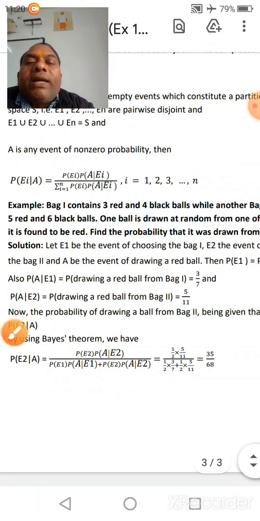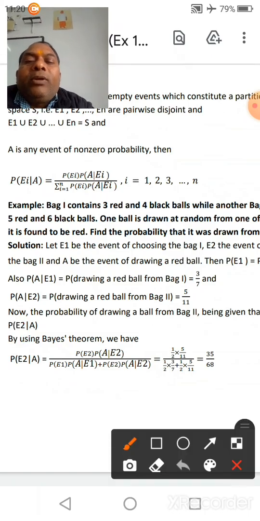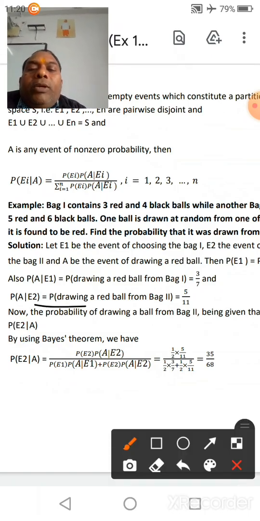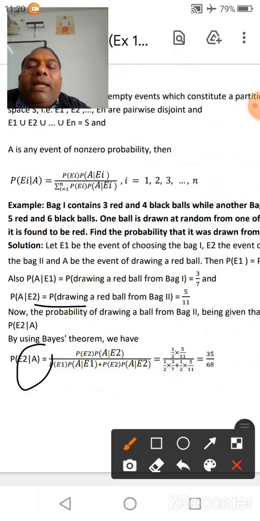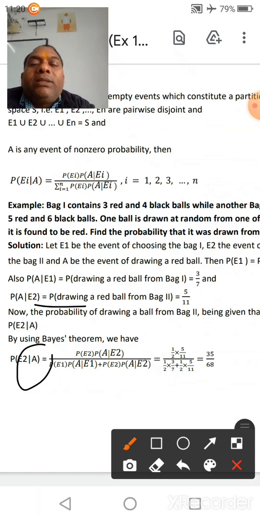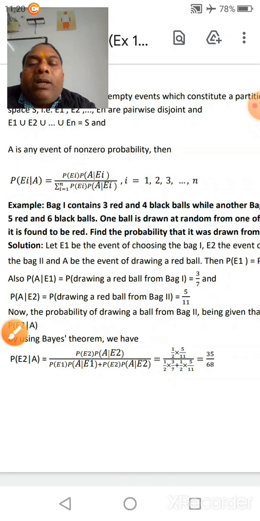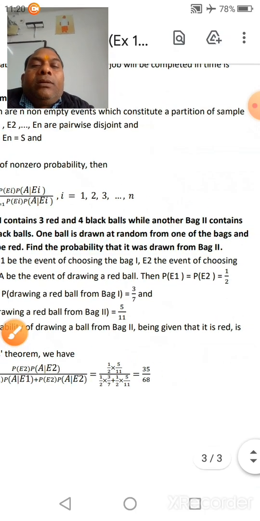After finding P(A|E1) and P(A|E2), because we have to find P(E2|A), which means we have to find the probability that the red ball is drawn from bag second. Clear?